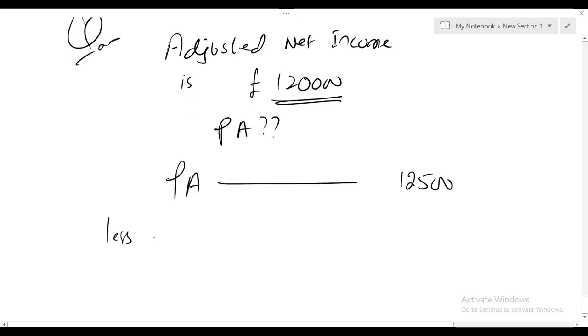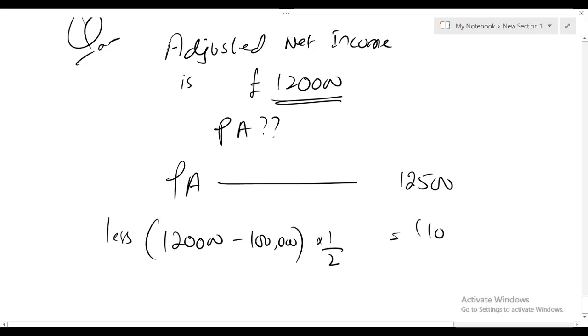So just deduct 120 minus 1 lakh, into 1 upon 2, which is 10,000. So now this individual will not have the personal allowance of 12,500. This individual is going to enjoy the personal allowance of only 2,500.